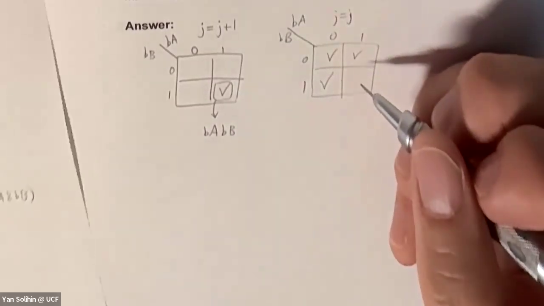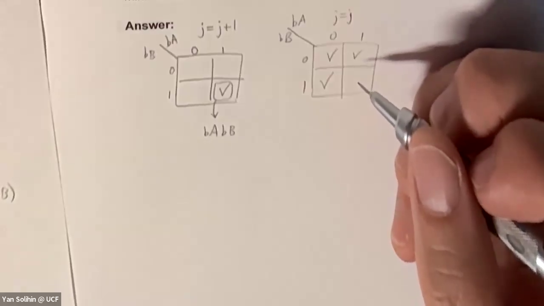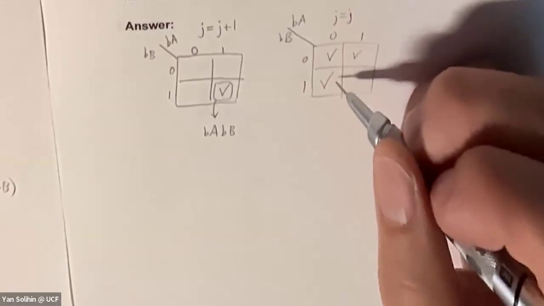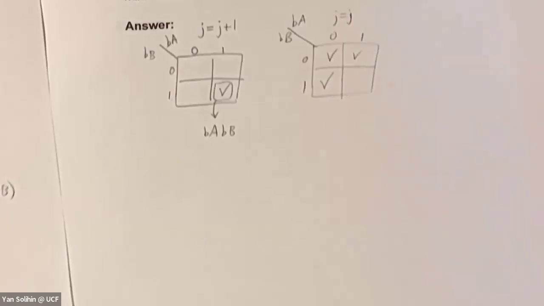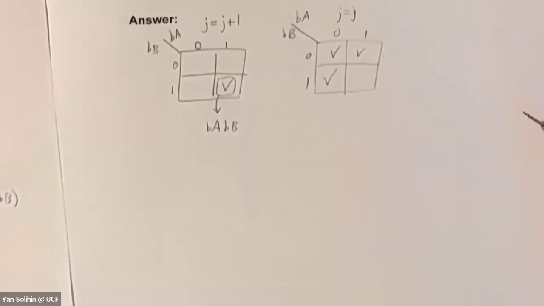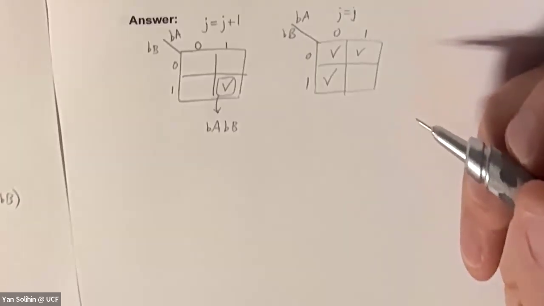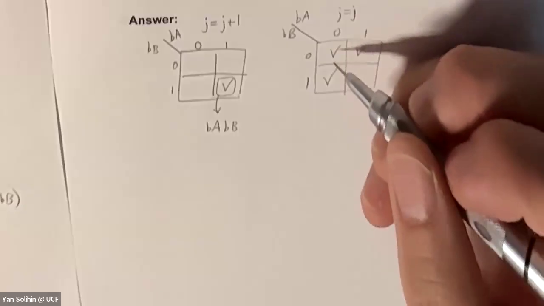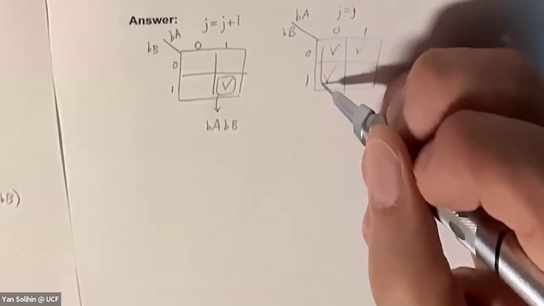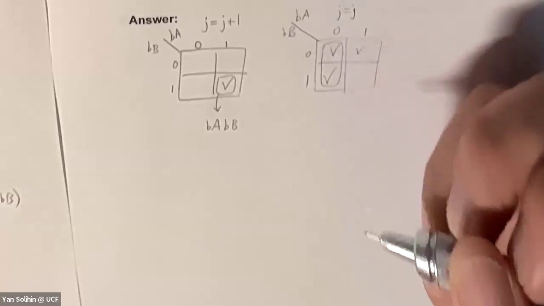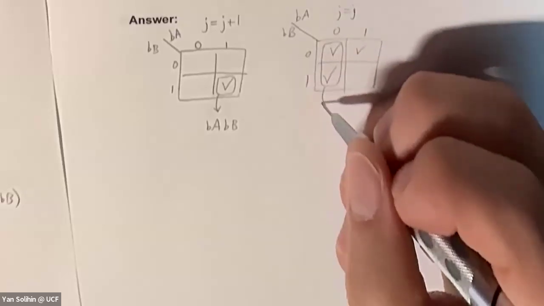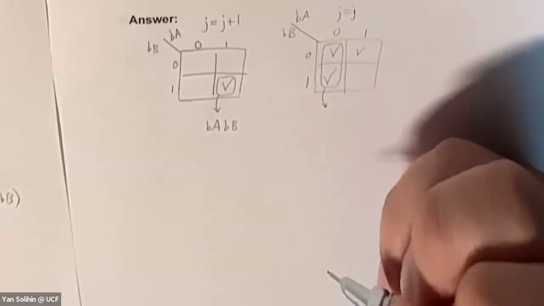Now, for this one, we have to cover these three cells with rectangles. The rectangles have to be a power of 2 in both dimensions. They don't need to be the same dimension, but both have to be a power of 2. So in this case, this will be our first rectangle. What corresponds to this rectangle?